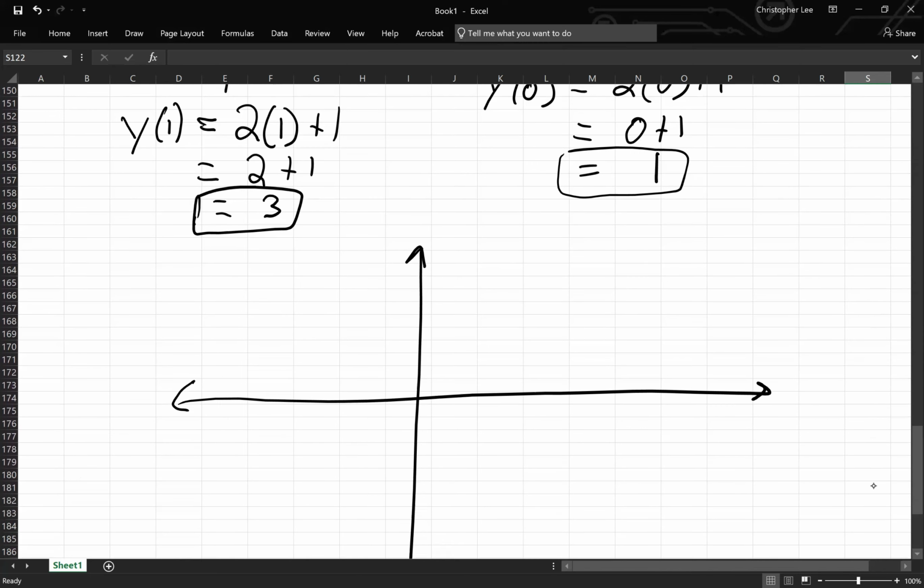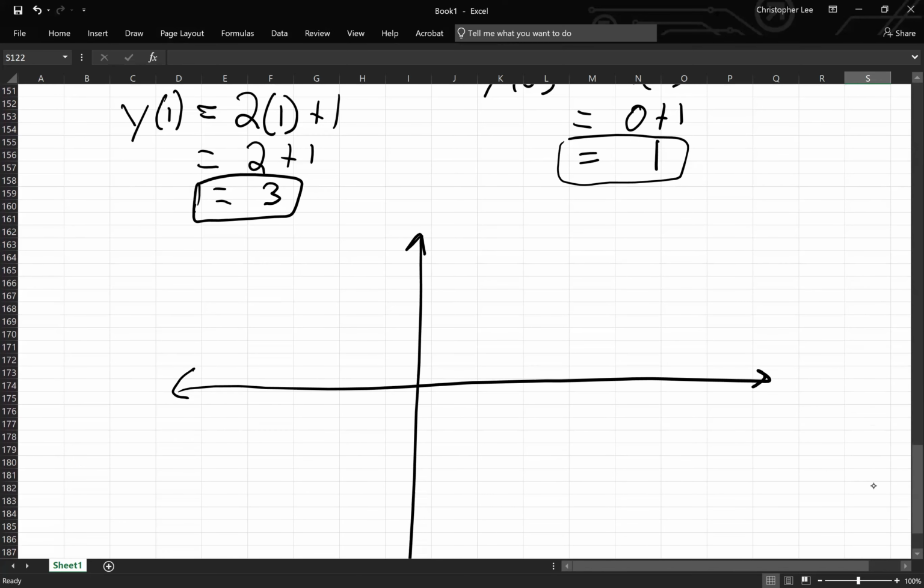So now I want to plot this, right? You guys are familiar with the Cartesian plane, right? So this is the x-axis, the y-axis. And remember to plot a point, I'm just going to make up something real quick and then erase it. Let's say that I wanted to plot the point 1, comma 1. Remember that a point is always x, comma y. So the x coordinate goes first. So I go across the x-axis and find 1.